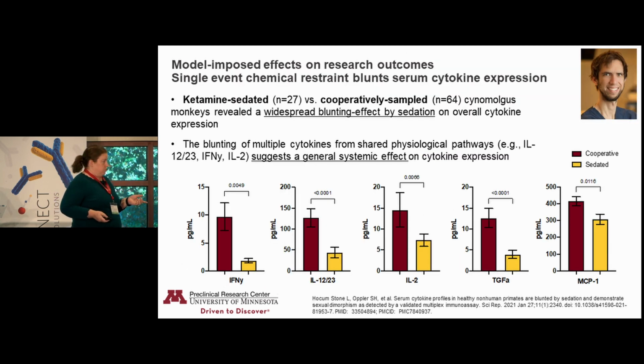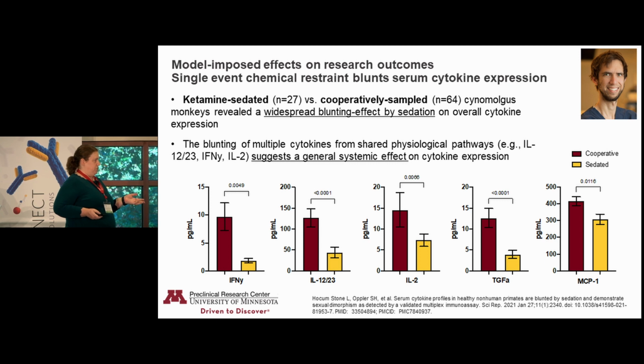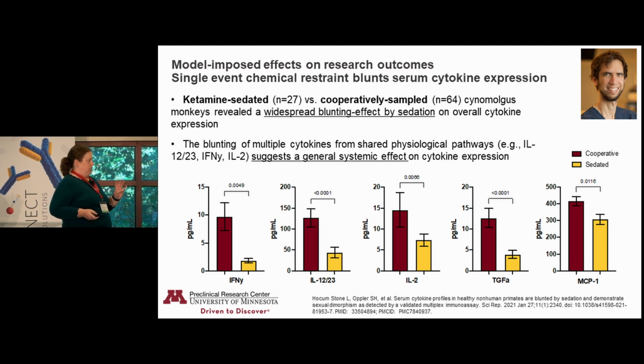So here I'm presenting some work from one of our grad students, Scott Oppler. And here he's looking at model-imposed effects on research outcomes using a single event chemical restraint. These are animals that had a single sedation event with ketamine, and he compared those with those that were cooperatively sampled.